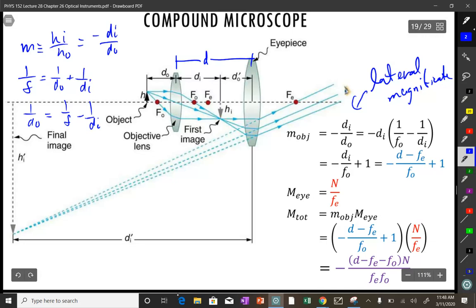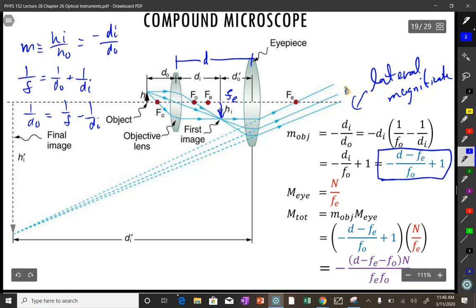And distance image over focal length objective, well, I looked at my picture here. With the eyepiece for unaccommodated viewing, this image here needs to be at the focal length of the eyepiece. And so the distance for the image from the objective must be the total separation d minus the focal length of the eyepiece. And so this gives me the equation for the lateral magnification of the objective.